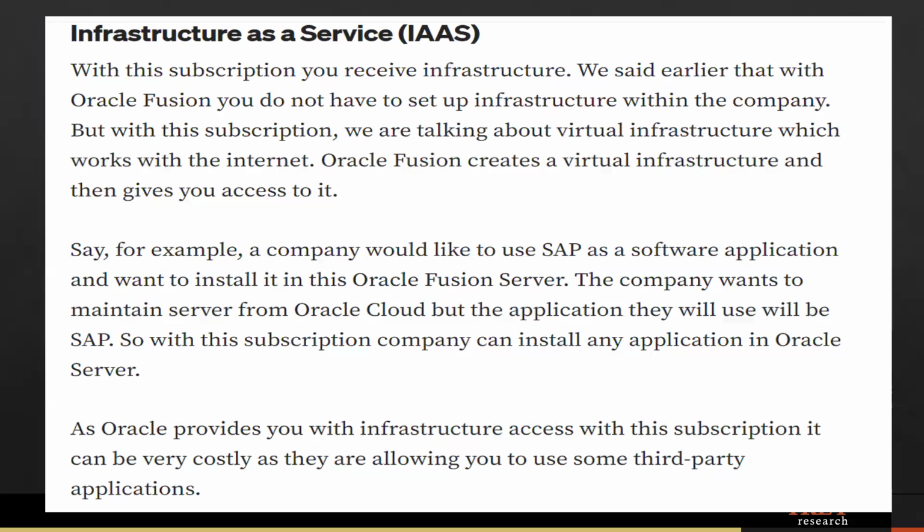But here, what we can do is connect with other applications using the infrastructure as a service subscription. The system allows you to connect with third-party applications, so you can do inbound and outbound.